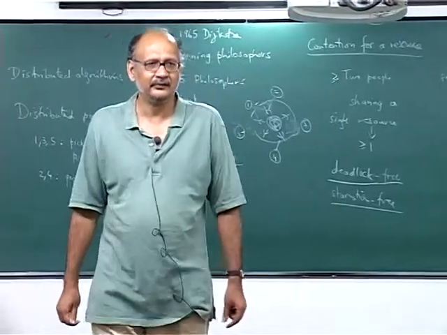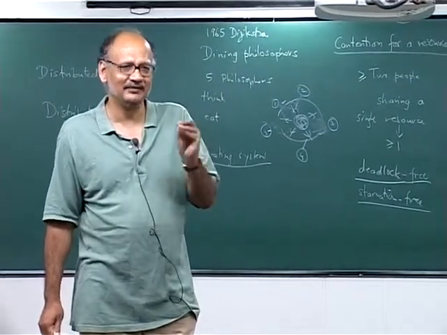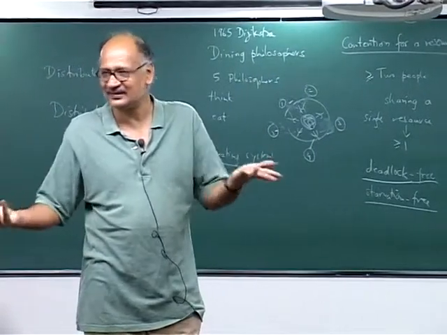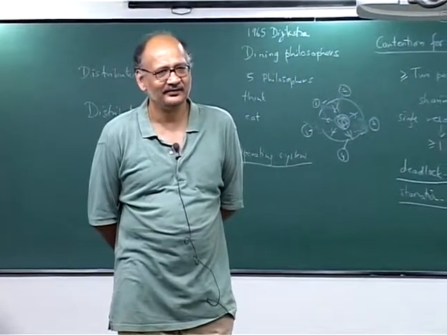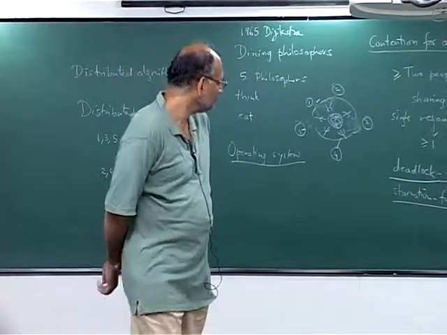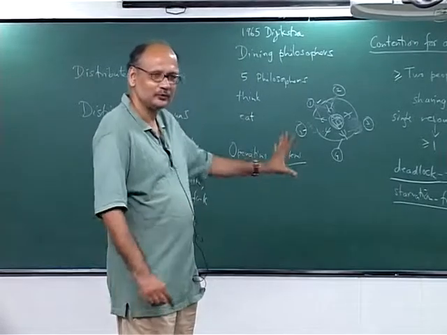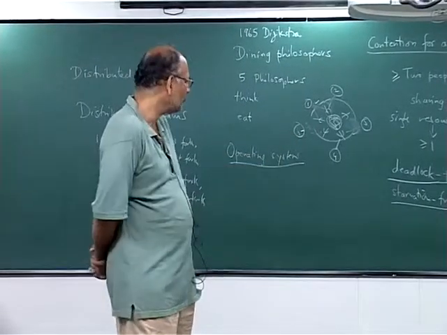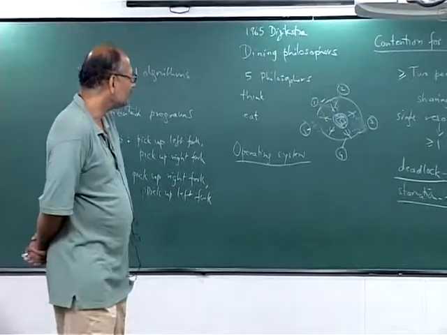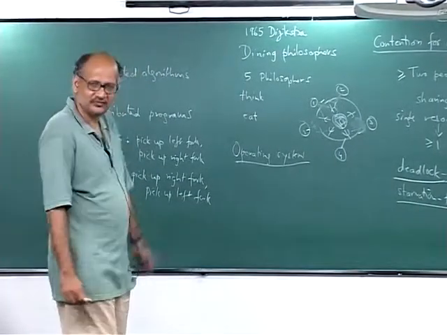Which means that no philosopher ever is hungry and waiting to get some fork and does not get it at all. Right? Both these things we can argue. So we will do this a little formally later, but at the moment these are the two properties which we are looking for: deadlock freedom and starvation freedom. And this is one solution for that.